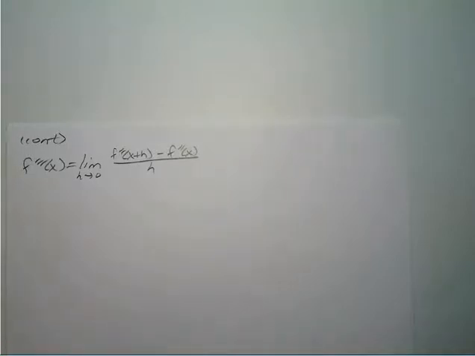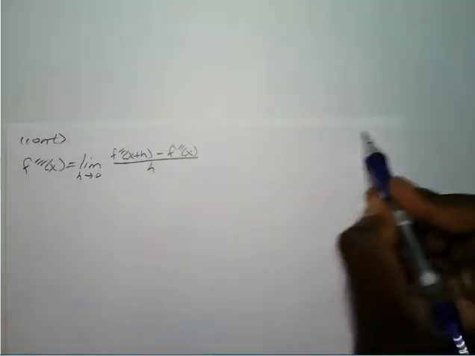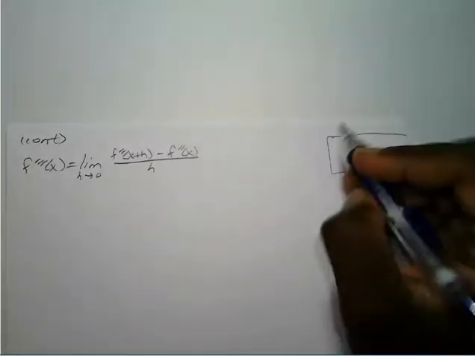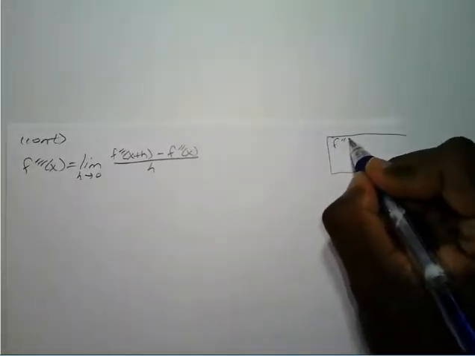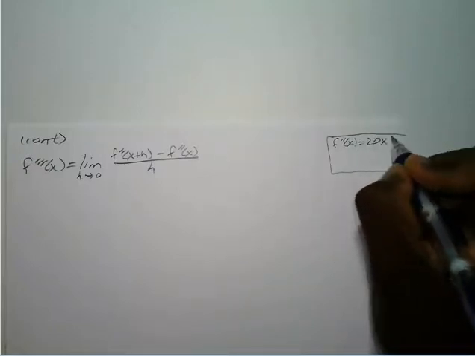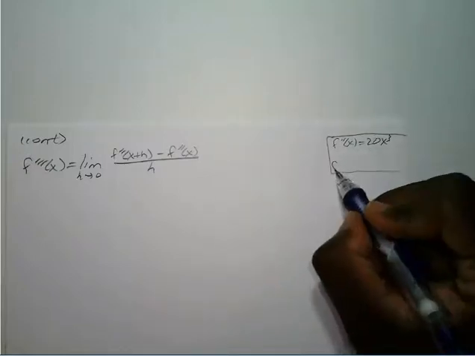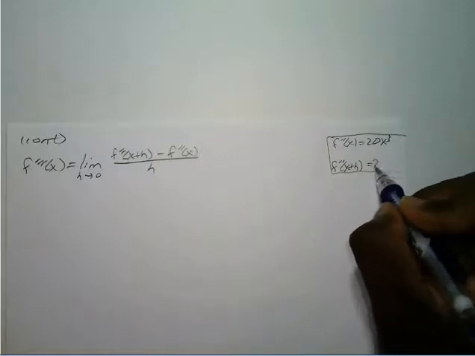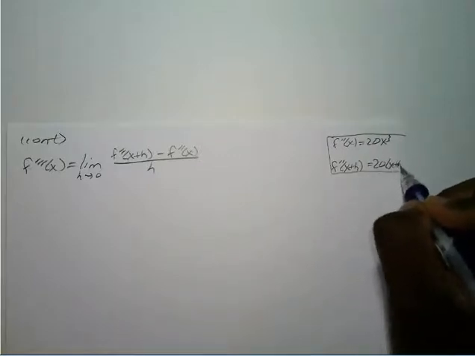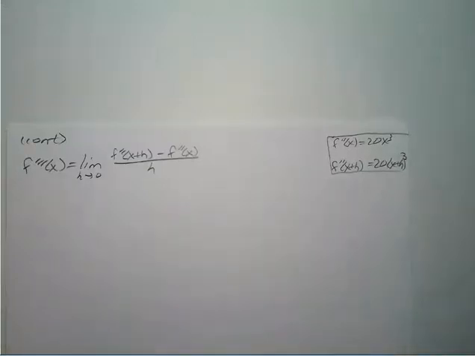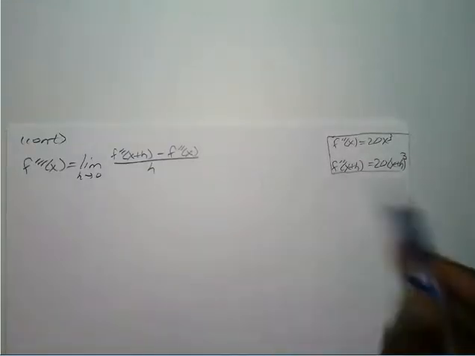All right, so you can see from the previous page that our second derivative of f with respect to x is equal to 20x to the third. So that means our second derivative of x plus h is equal to 20 times x plus h to the third. Trying not to take up too much room here.